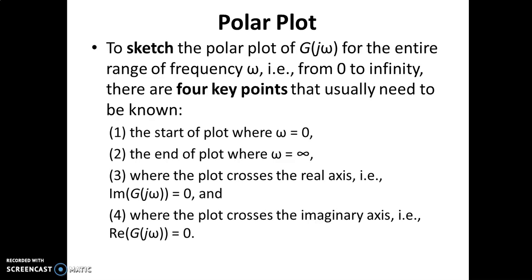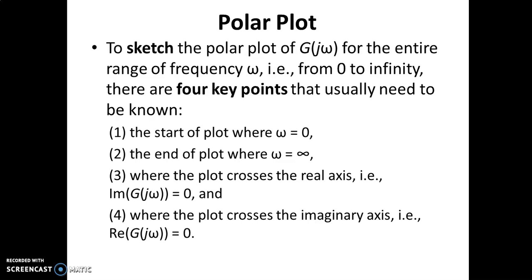To sketch the polar plot of G(jω), the open loop transfer function, for the entire range of frequency from 0 to infinity, we need to know basically four key points. They are the starting point, where ω equals 0, and the end of the plot, where ω equals infinity, and the remaining two: where the plot crosses the real axis, and where it crosses the imaginary axis.